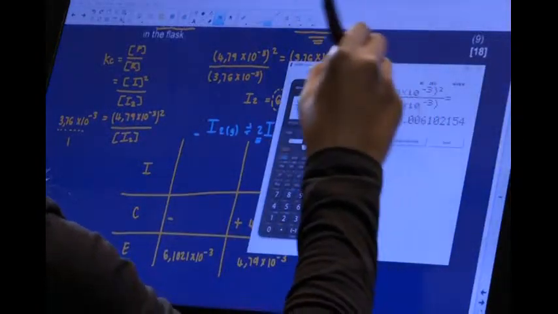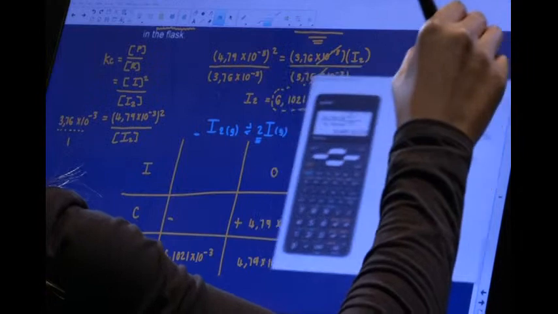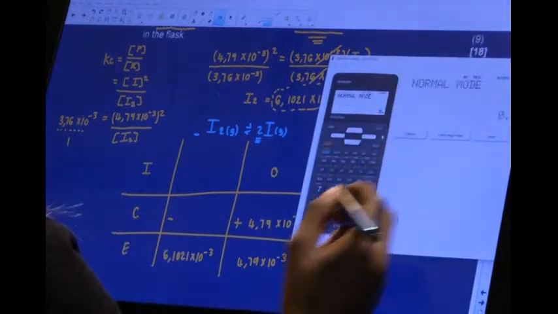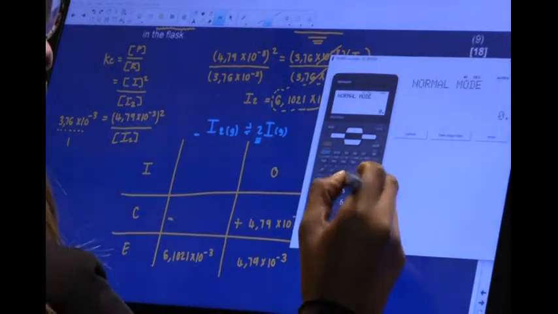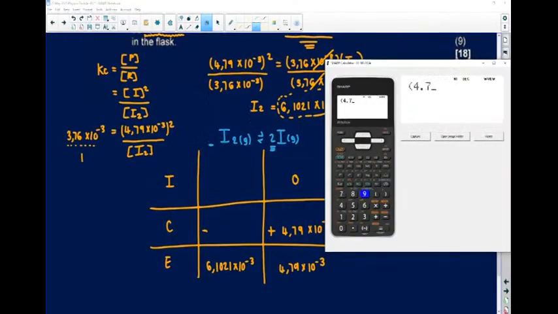I'm going to take my calculator. Let me just move it on the side. So I'm going to take this 4.79 times 10 to the exponent negative 3, because they did say at equilibrium. This is 2 moles. I want to find the value of how much was 1 mole. I'm going to divide that by 2 to find the value of 1 mole. So there I found my 1 mole.